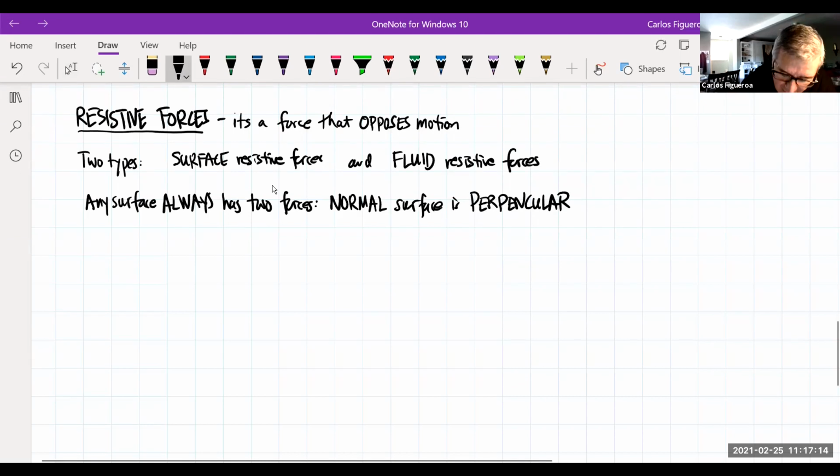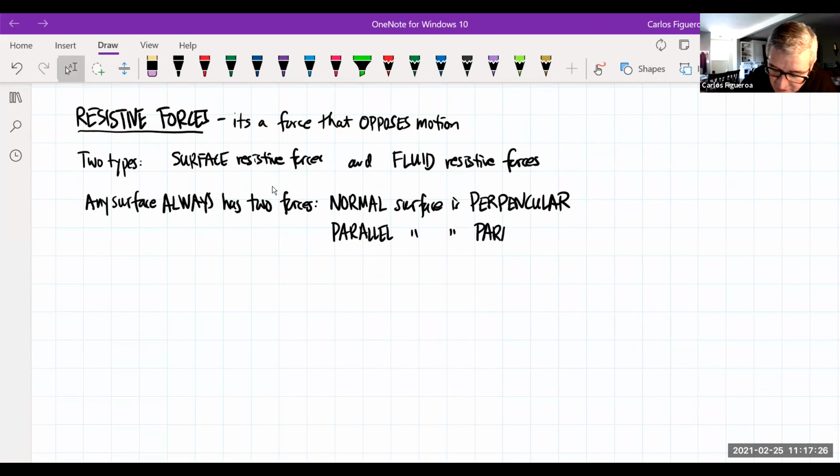But there is a parallel surface force, which is parallel to the surface. And this parallel surface force is what we typically call friction. So a parallel surface force is friction. Let's think about this. Imagine that I have a surface.